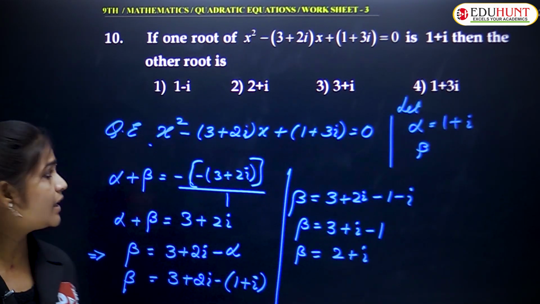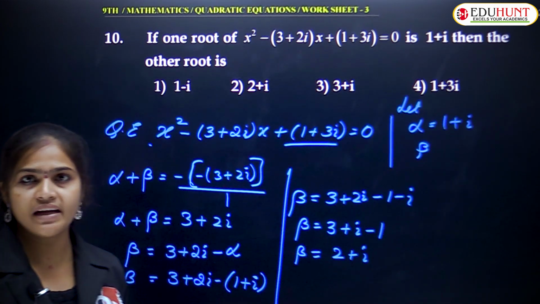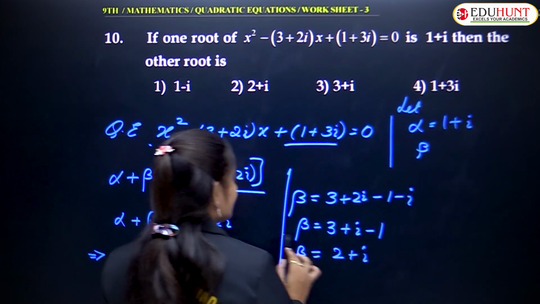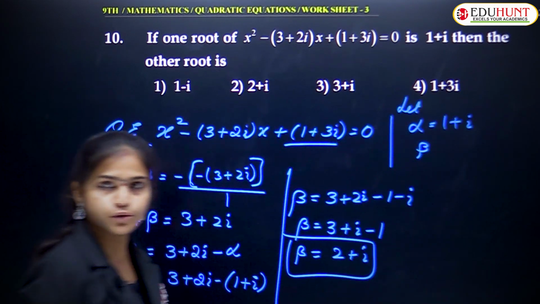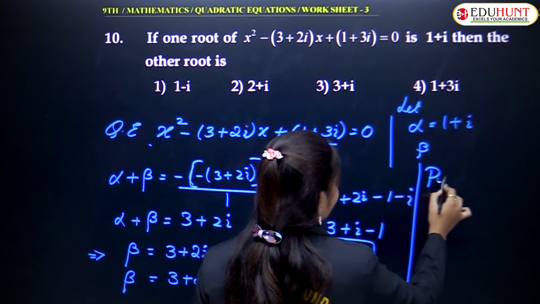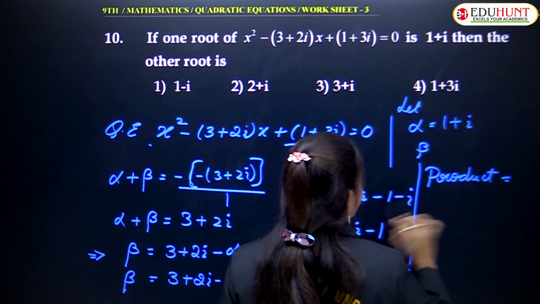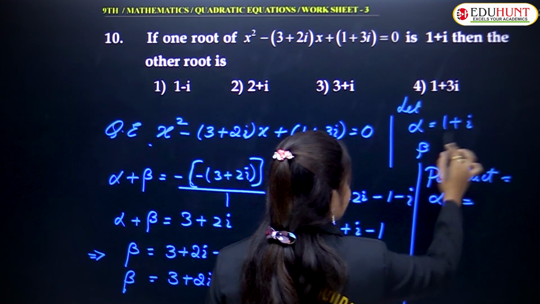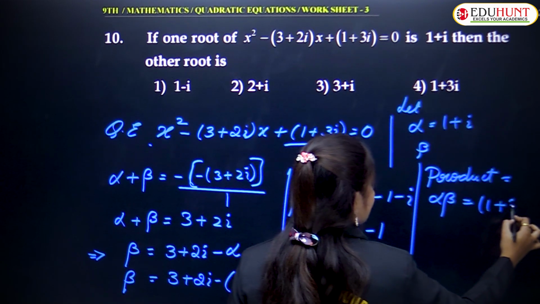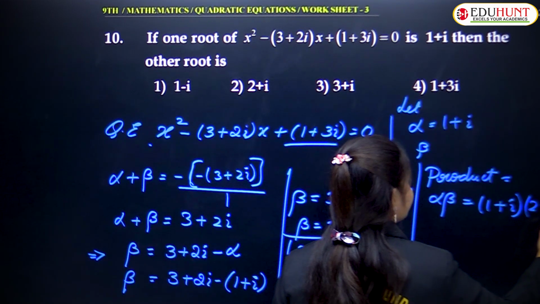Am I clear to you, children? So whether this one satisfies, that we have to check. So here we got beta is equal to 2 plus i. Now finally check the product of the roots. So product of the roots is equal to alpha into beta. Alpha is 1 plus i, and beta we got as 2 plus i.